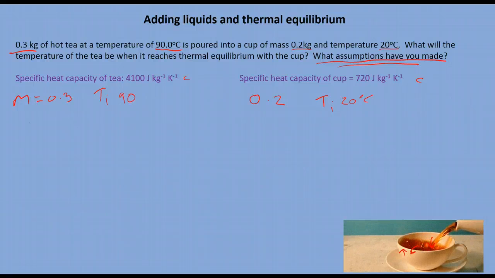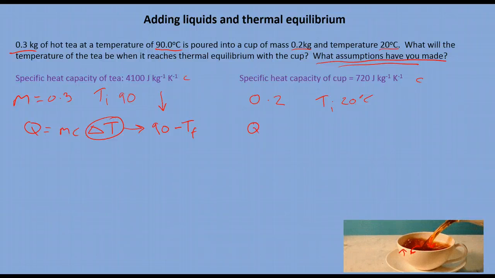So if we look at Q equals mc delta T, we need to get a change in temperature. For the tea, its temperature is going to go down, so delta T is 90 minus the equilibrium temperature, TF.